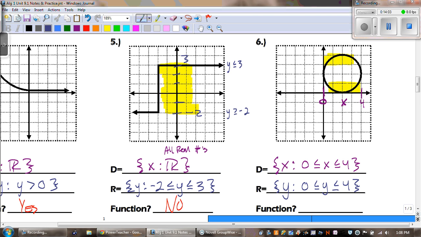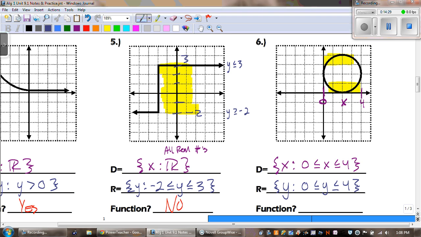So when you see the specific start and stop, that y is going to go in the middle, or the x, depending if you're talking about domain and range, and then tell me what the lower one is and tell me what the higher one is, because we write them in order from least to greatest. And for these ones, guys, they're always going to be pointing to the left. The only thing that's going to be different is is it less than or equal to, or just less than?